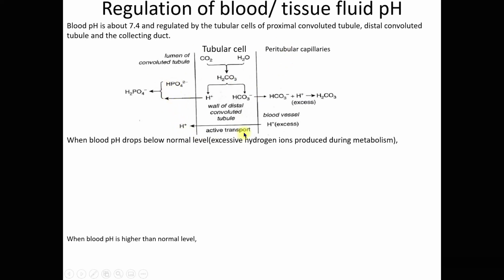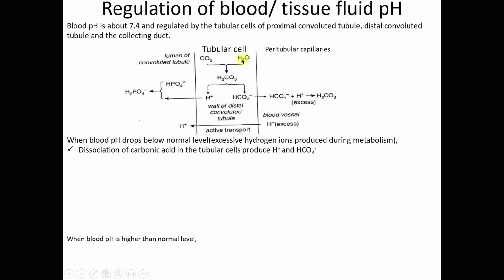It may be due to active metabolism. So here I wrote, when blood pH drops below the normal level, it is due to the excessive hydrogen ions produced during cell metabolism.